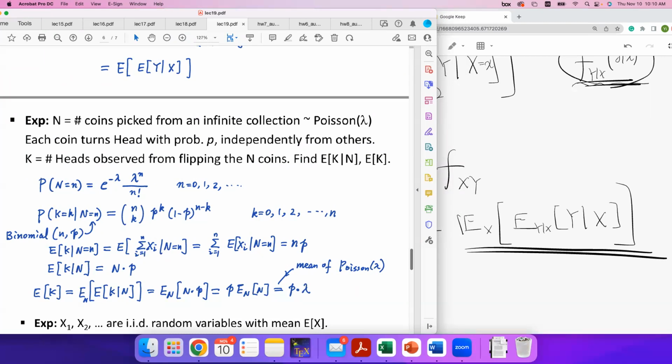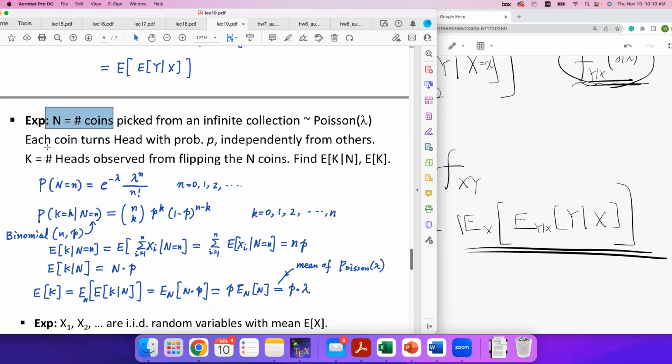Okay, so N is the number of coins picked from an infinite collection, but it is modeled by a Poisson distribution. To put it the other way, N is a random positive integer whose probability mass is given by the Poisson(lambda) distribution. Following this distribution, we will draw this number of coins.